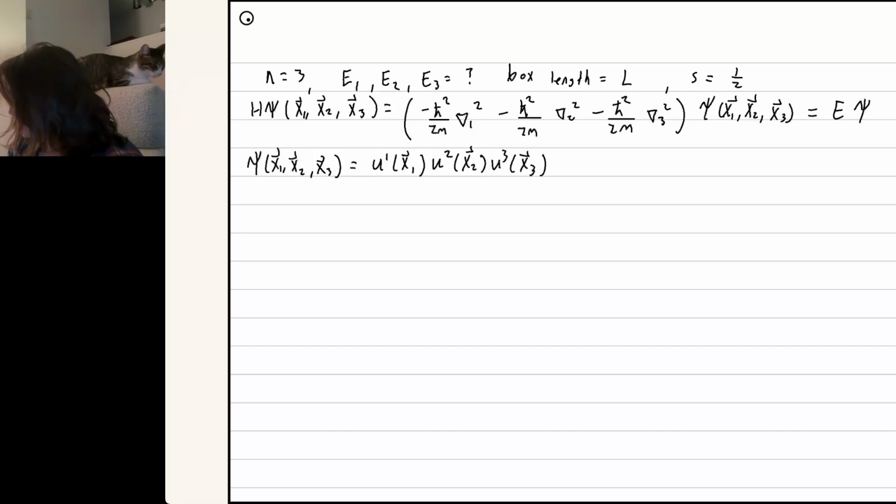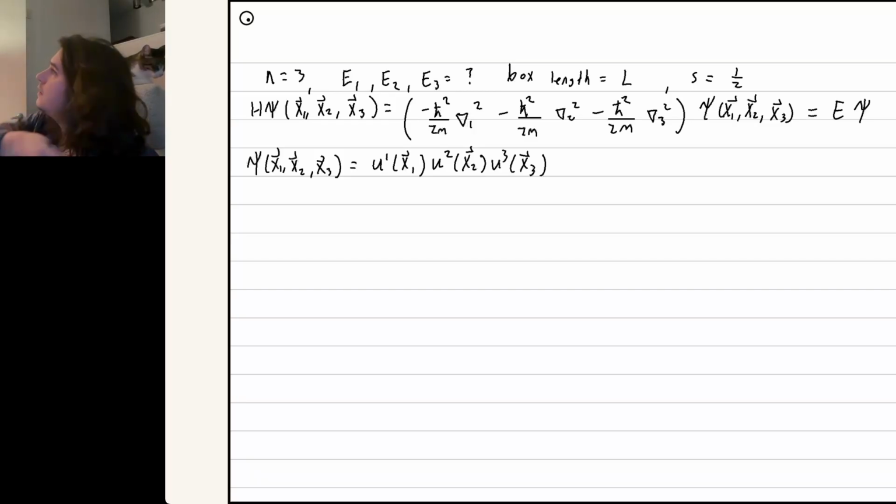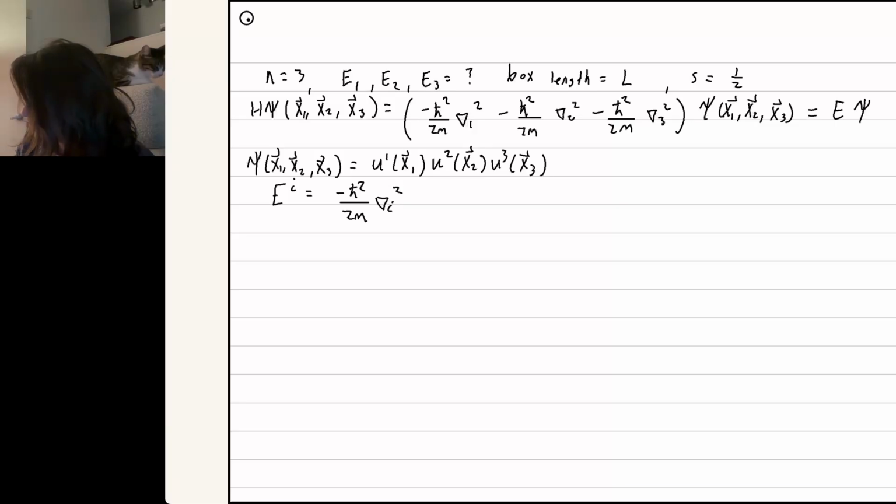That means that whenever you apply the Hamiltonian, the energy state for wave function i is just going to be minus h bar squared over 2m Laplacian i of ui of xi.